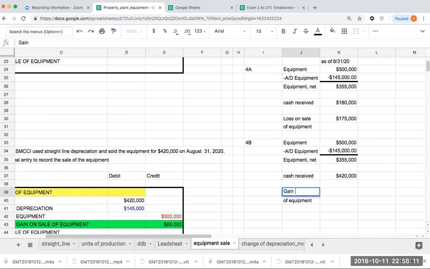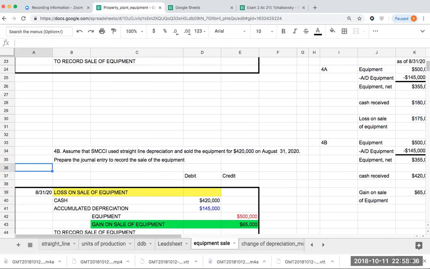So my gain on sale of equipment is now going to be $65,000. So it was worth $355 to me. I sold it for $420. I've got my Pawn Stars profit of $65,000. So that is situation 4B.